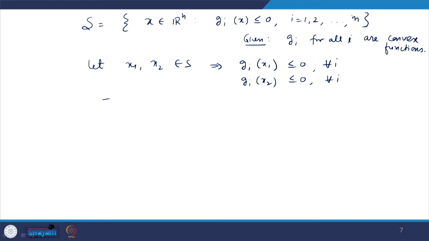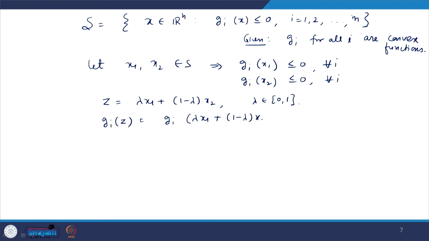Now, let z equal lambda x 1 plus 1 minus lambda x 2, which is a convex linear combination of x 1 and x 2. What is G I of z for any I? It is G I of lambda x 1 plus 1 minus lambda x 2. Since these G I's are convex for all I, this is less than or equal to lambda G I x 1 plus 1 minus lambda G I x 2.